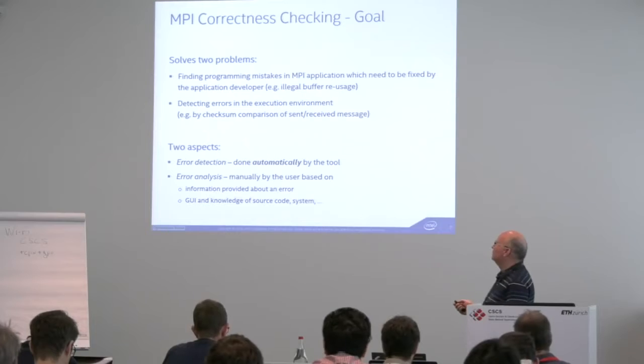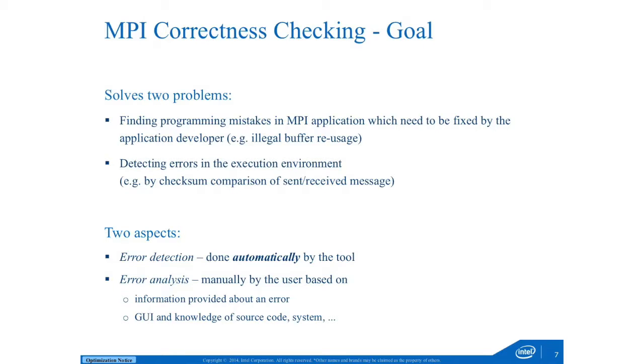Yeah, here it's written that the objectives would be finding programming errors, but also, by having these checksums, if there are problems in the network, if your network is not running correctly, then you might find errors by using the checksums, which is done automatically.